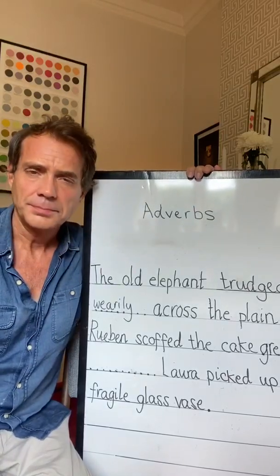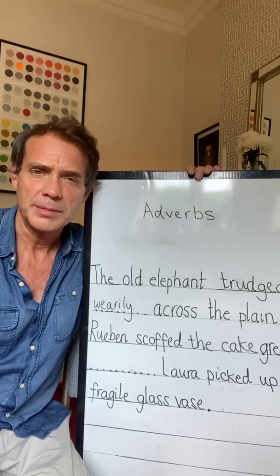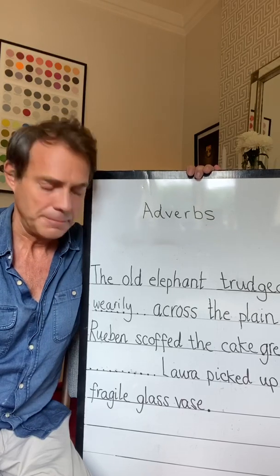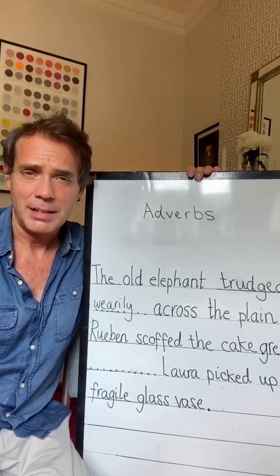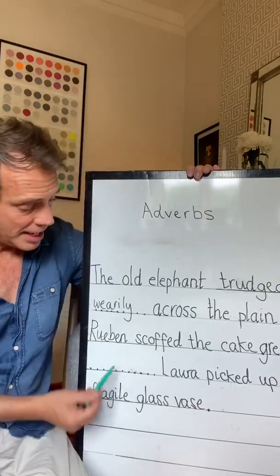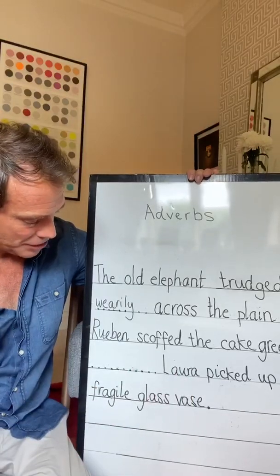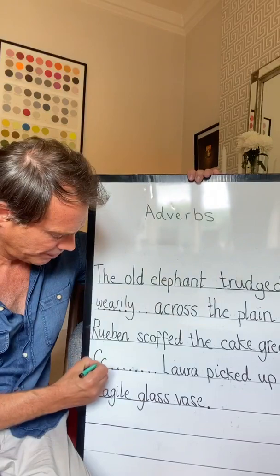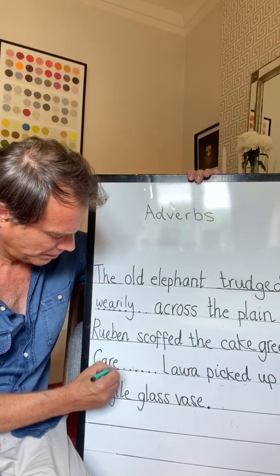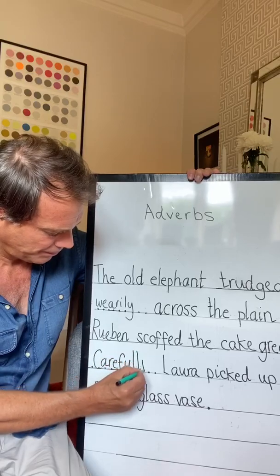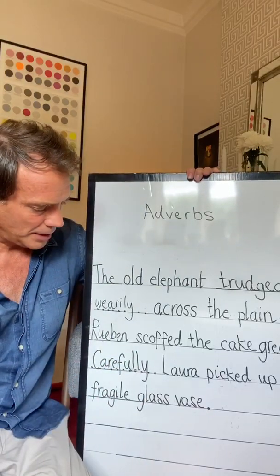Well, you might want to pause the video and give that some thought. What do you reckon? I think I'm going to go for the word carefully. Carefully, Laura picked up the fragile glass vase. There we go.